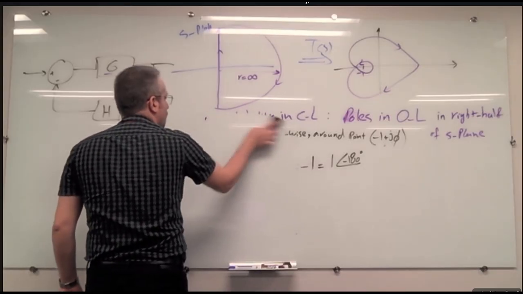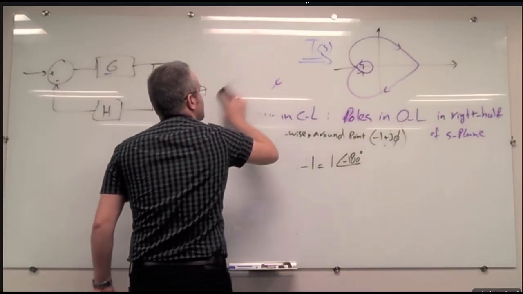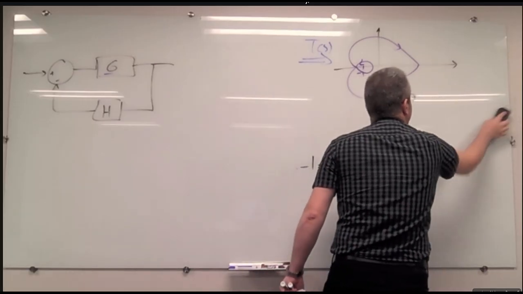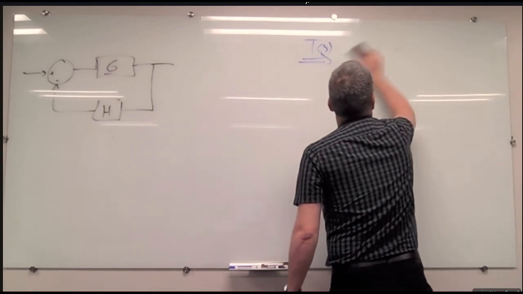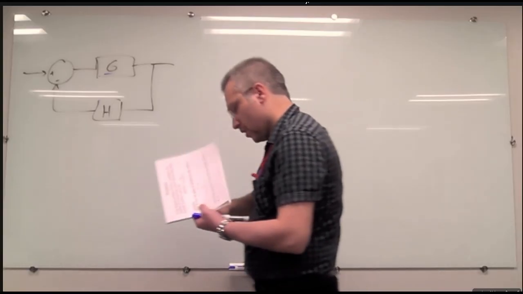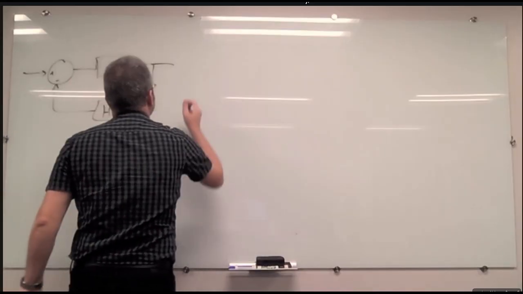In this example, I also want to show you step by step how to map the Nyquist contour in the S domain into the contour in the T domain.